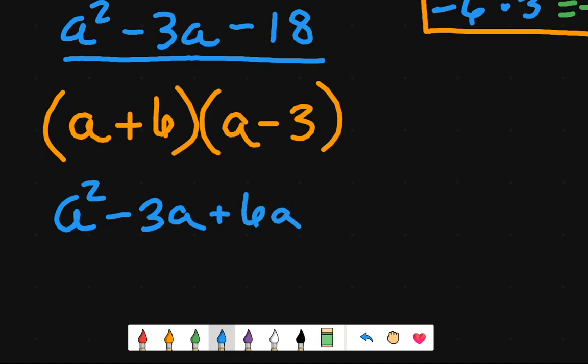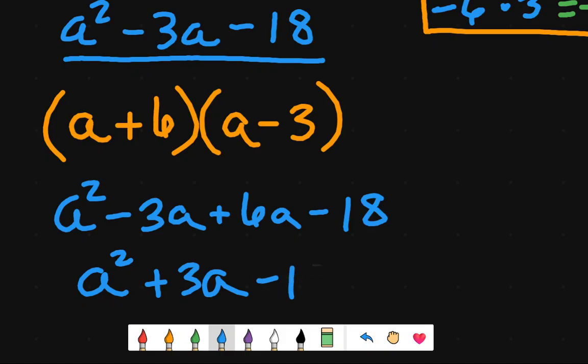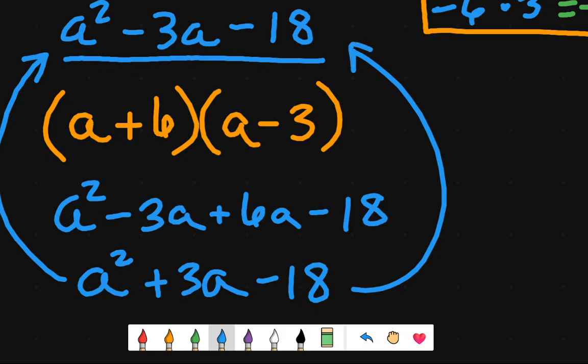And then the last would be a negative 18. Combine like terms. The like terms are negative 3a and 6a, which will give us a positive 3a and minus 18. All right, so as we can see, our 3a changed to positive, so it's not matching up to what we have here.